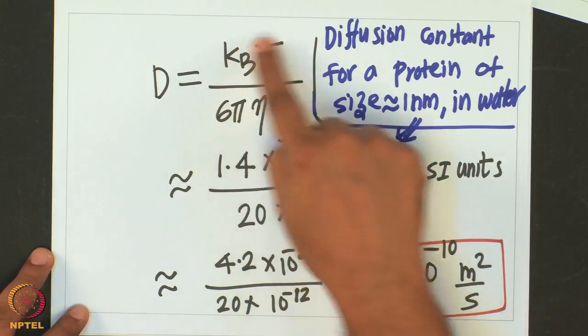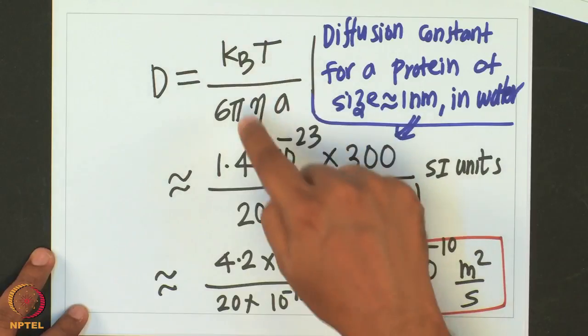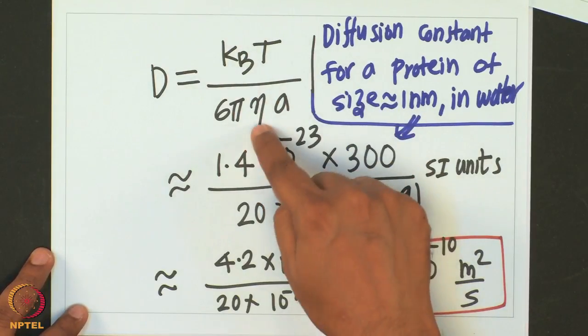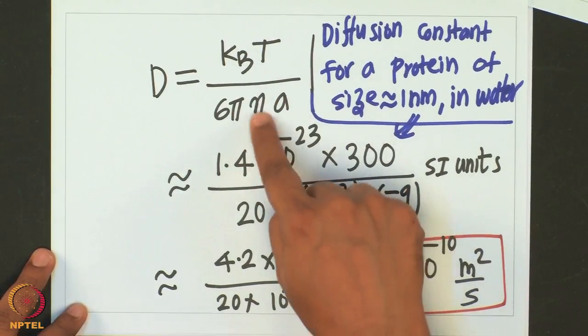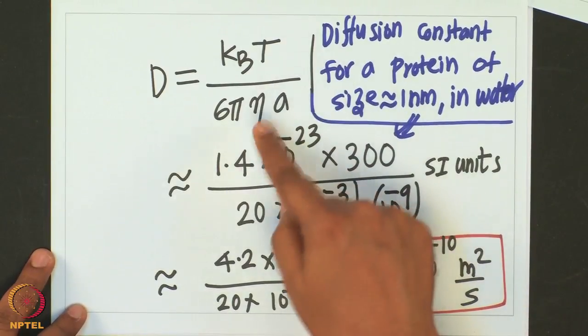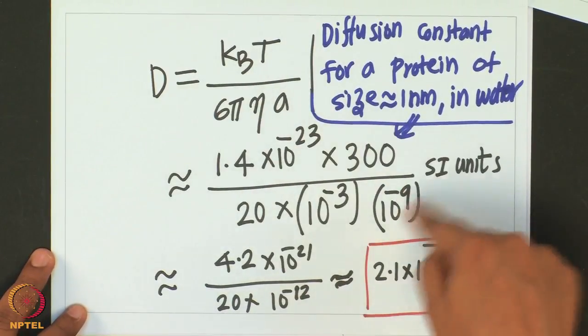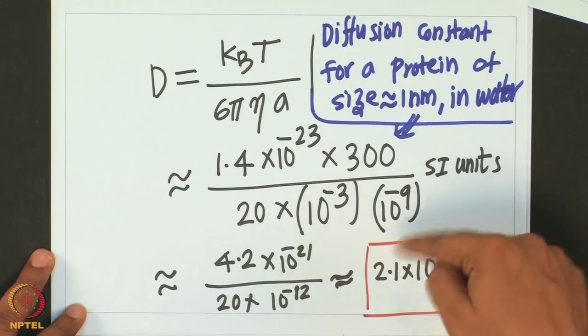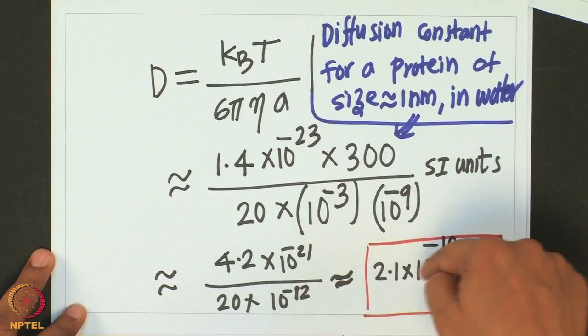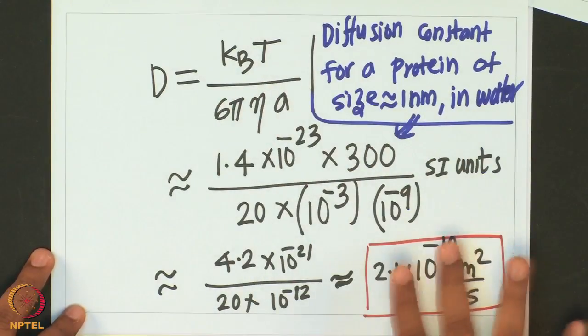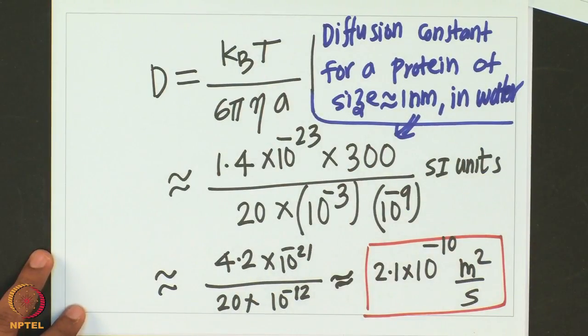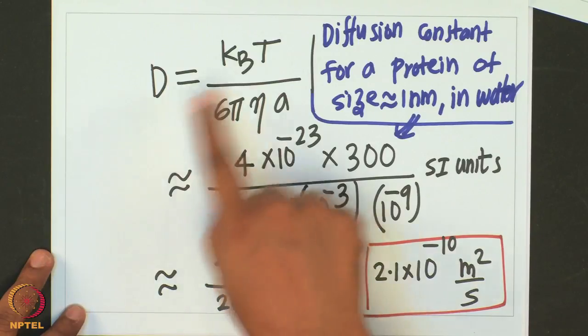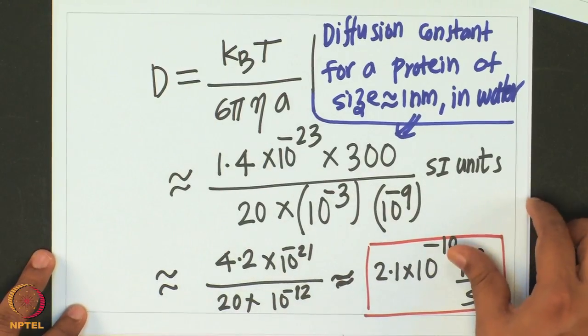If I know that, at room temperature in water or whatever viscosity you take, if we take the viscosity in a cytoplasm, we would take slightly higher viscosity, roughly 5 times higher, then you would get a number that is 5 times less than that. That is the only difference, but approximately roughly of this order. So we could now calculate the diffusion constant.